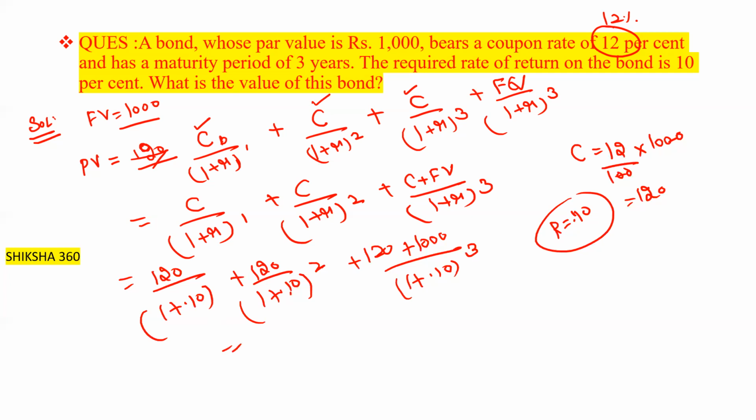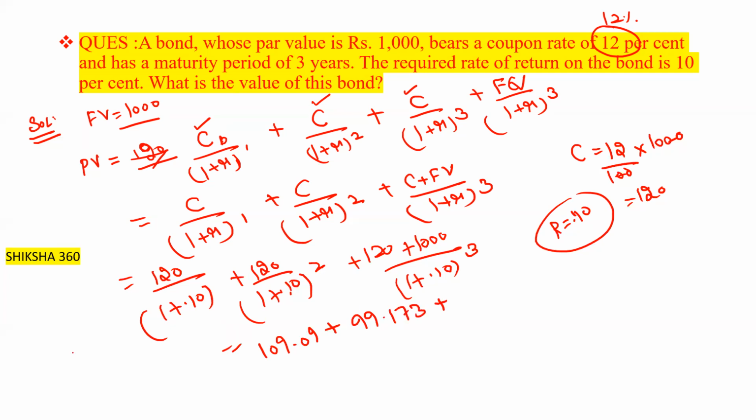120 upon 1.1. Please tell what is the answer here. 120 divided by 1.1, we will get 109.09. Next one, 120 divided by 1.21, that is 99.173.